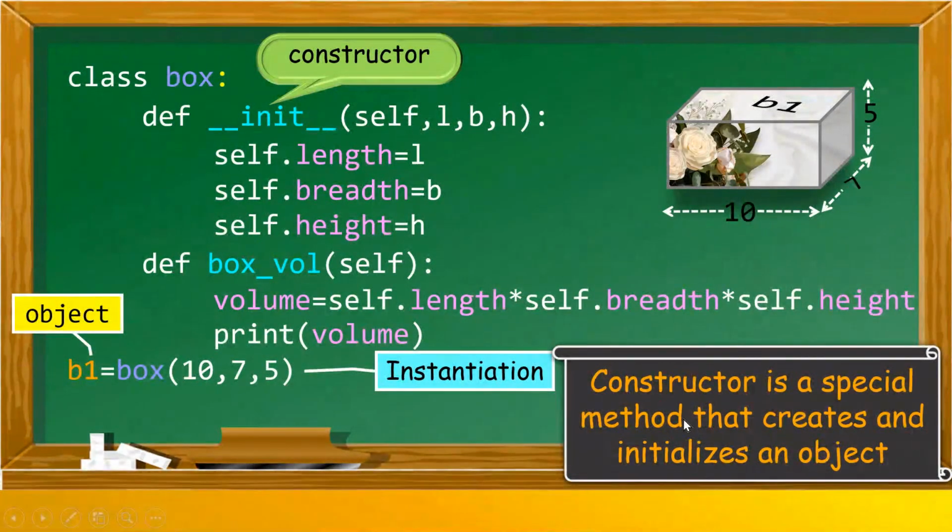And constructor is the one which initializes the object. So constructor is executed automatically when the object is created, and constructor is the one which initializes the object. That is why constructor is a special method within the class.